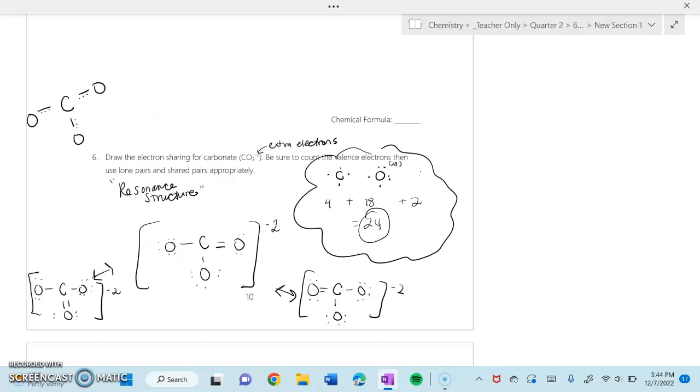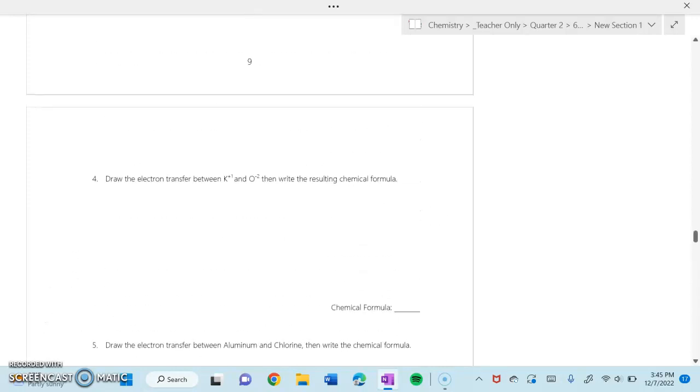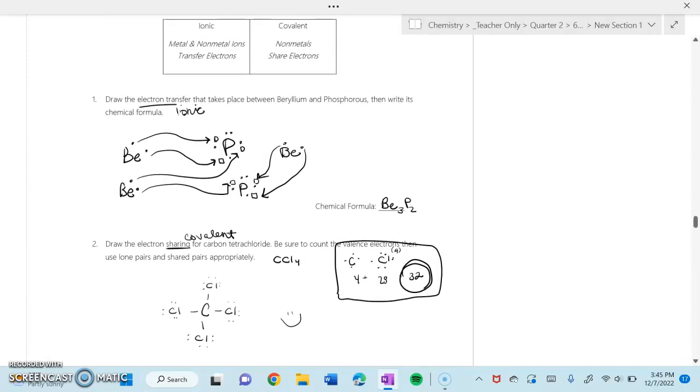If you ever see it written like this, that's why. But it's a little bit more confusing and harder to see where all the electrons are at. So I prefer, and most chemists agree, to draw them individually, not with the like half bond between them. But that's resonance structures if you ever come across that. And you can finish the rest of these. Good luck!